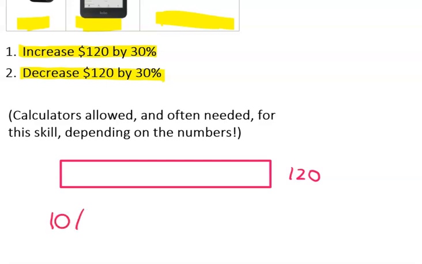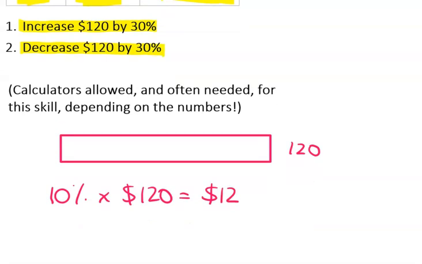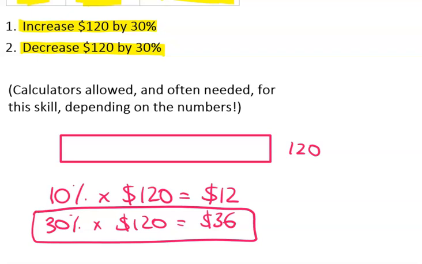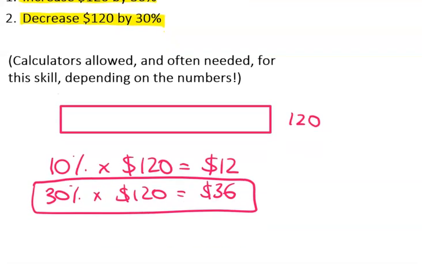So think about 10% of $120 is going to be $12, right? So 30% of $120 is going to be $36. So we can work out 30% of the amount and add it on to 120. So it will be 120 plus $36, which gives me $156.